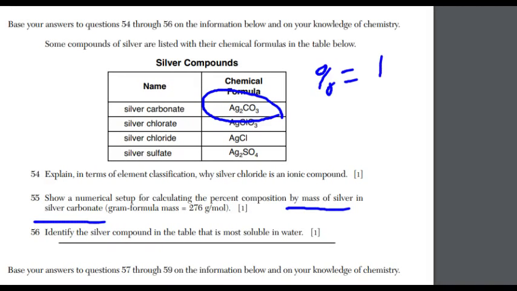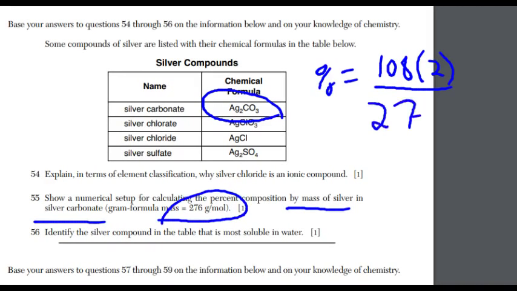The gram formula mass for silver is 108, and 108 times 2. You don't even have to multiply it out, right? We're just showing a numerical setup, and that's the part. And then the whole thing is the silver carbonate, and they gave us the denominator, the 276. Don't forget, this is percent, so you have to multiply by 100. And there's your setup.